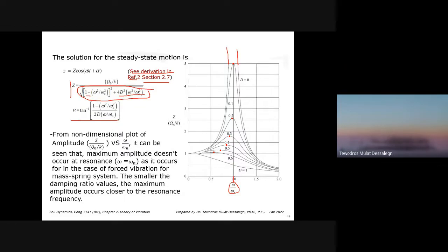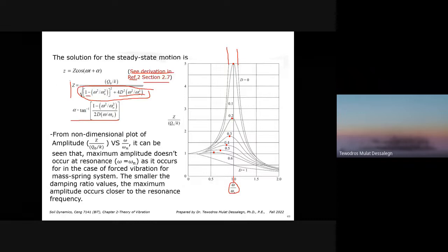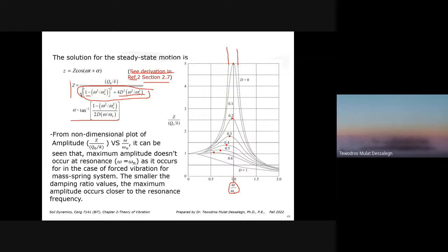If damping equals 0, the peak value is at 1.0 and that one is infinity. But that's more of an ideal case because practically we have damping. And for other cases, if it is very small damping, like 1%, 0.1%, the peak value is very close to a frequency ratio of 1. But when you have larger damping values, then the peaks are happening at a smaller frequency ratio.